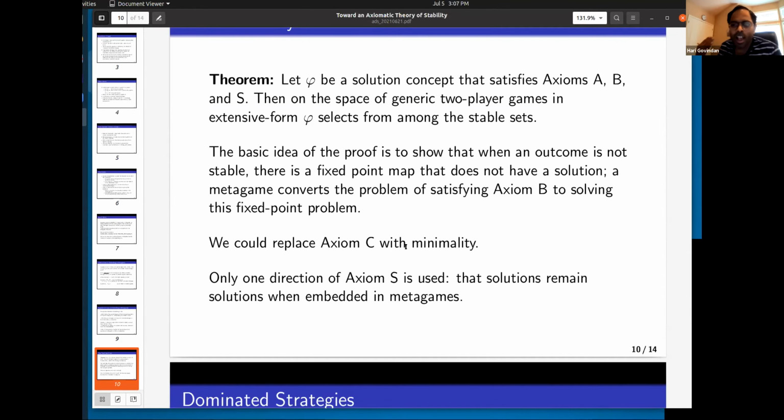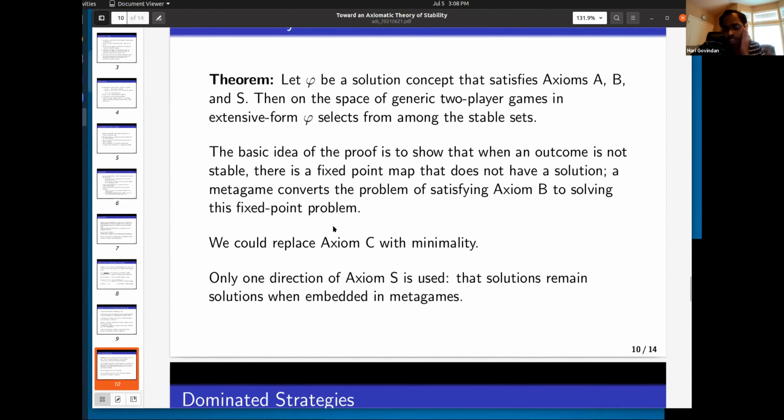Asking for that kind of essentiality, that kind of robustness, is equivalent to solving all kinds of fixed point problems. And the combination of B and S really amounts to a fixed point problem. B and S give you the canonical set of fixed point problems that you need to solve, because they all have to come from game theory. And this gives you the entire set of problems you could potentially be interested in. Okay, so that's what this is.